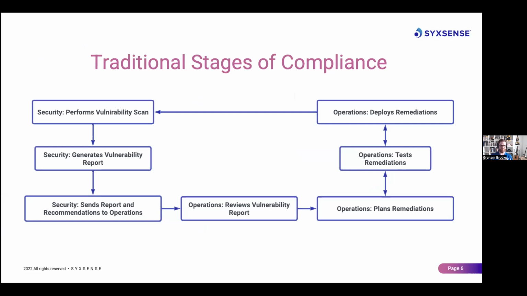Security team builds a list of vulnerabilities to be managed. Operations then works through those vulnerabilities, fixing them, and then restoring the devices to a good state, sending a report back over to security, showing them what work got done. That's the traditional approach. And you can see that there are, in fact, 7 steps in that process.